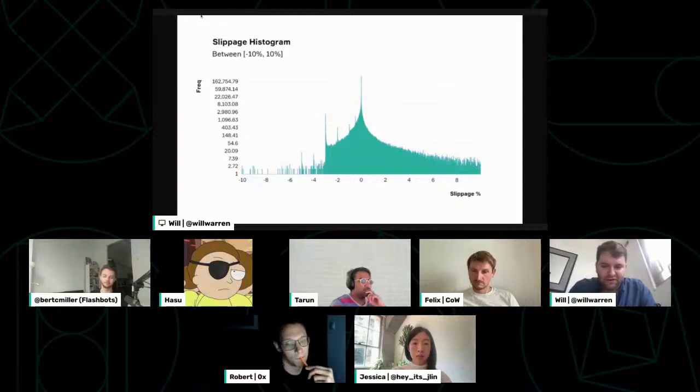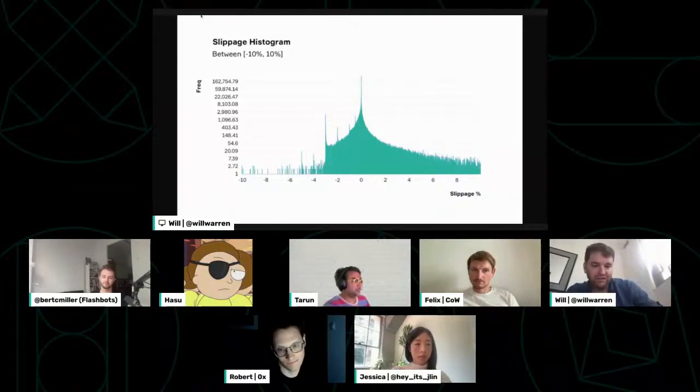Robert, to answer your question, slippage protection is looking at these distributions and their statistical properties. Just-in-time liquidity, which results in positive slippage, sandwich attacks, which result in negative slippage, and random accidental collisions that create a random distribution around zero, all of that is taken into account in slippage protection's routing.